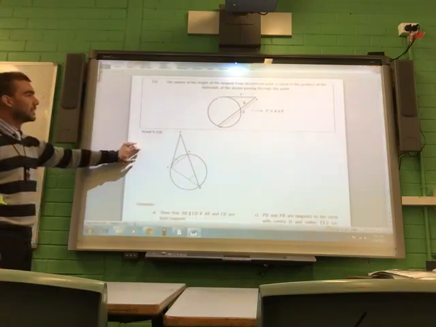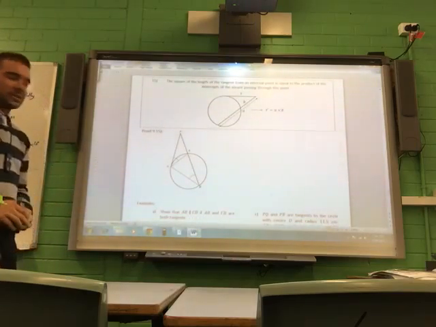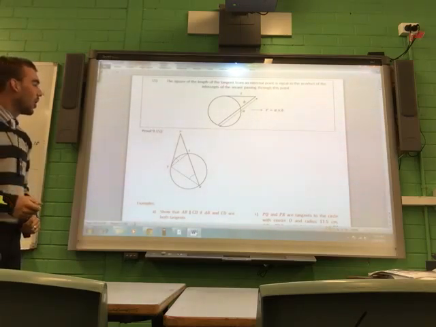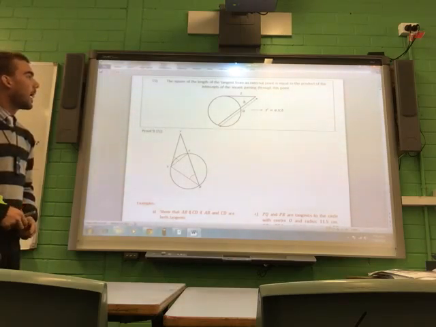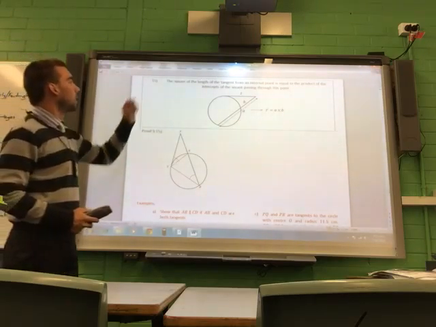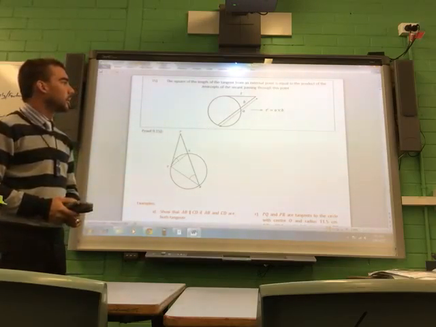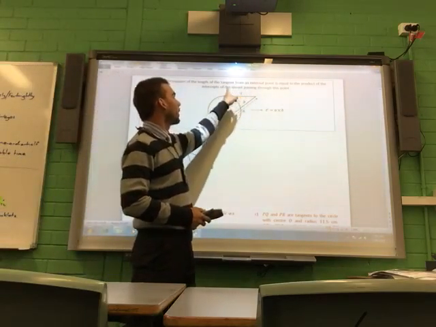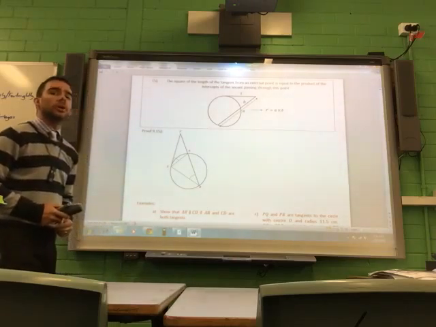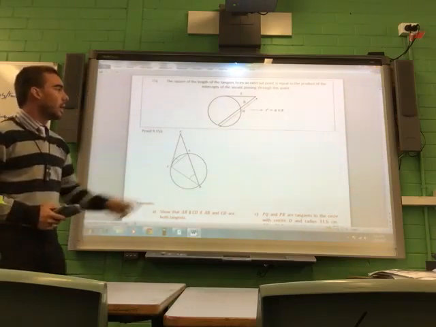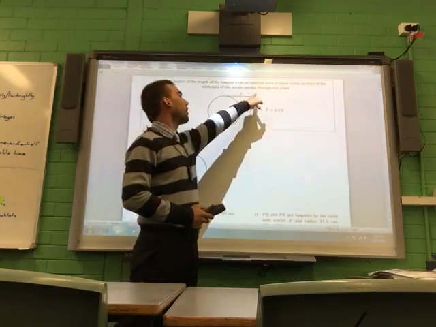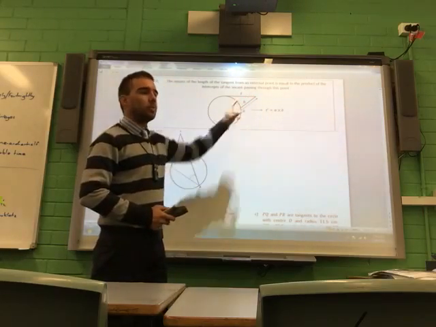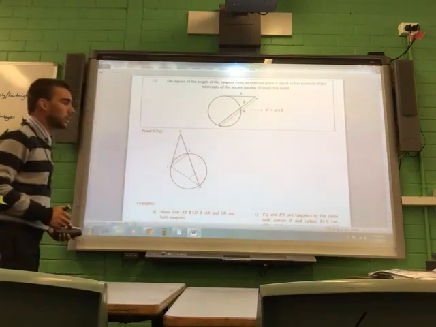Right, the last one, where I did warn you that the proof is quite detailed in terms of similar triangles and matching the size of those similar triangles. But the principle is the square of the length of the tangent, from the external point to the point on the circle, equals the overall secant length multiplied by the external point to the first point of contact with the circle.